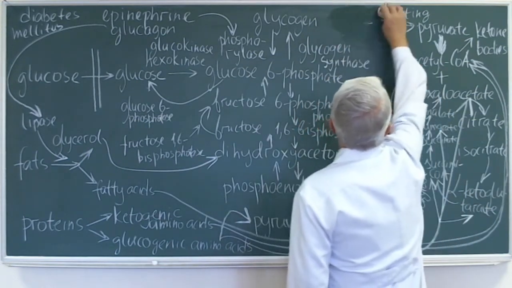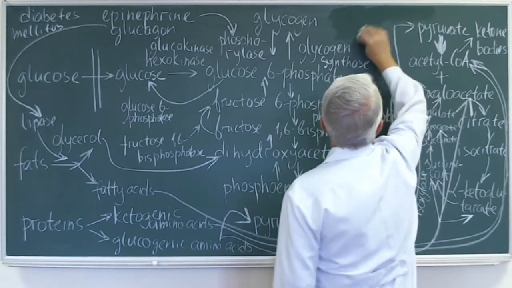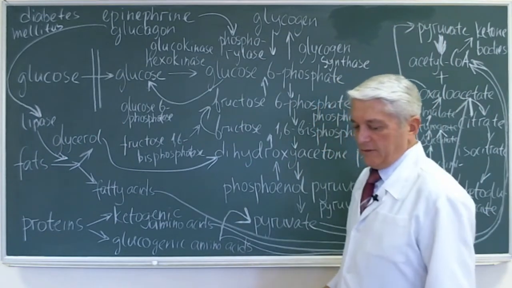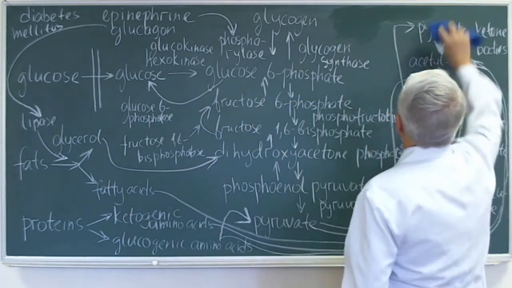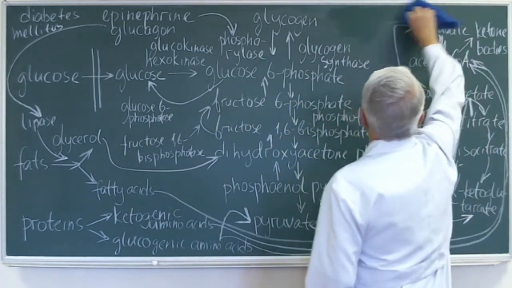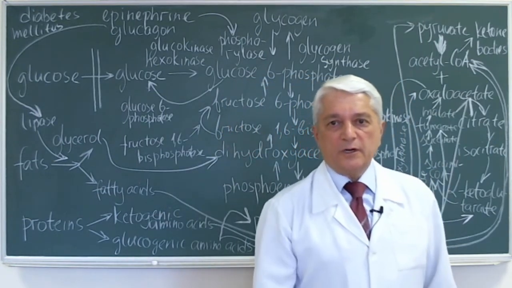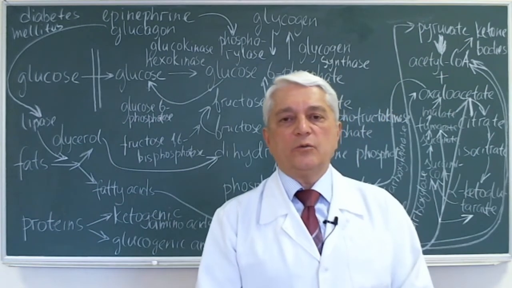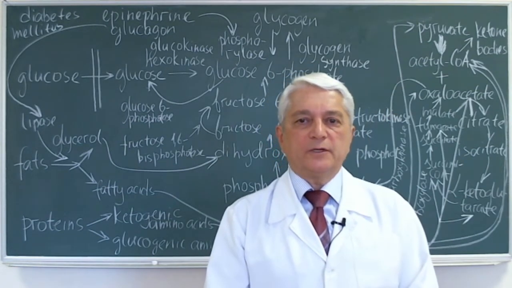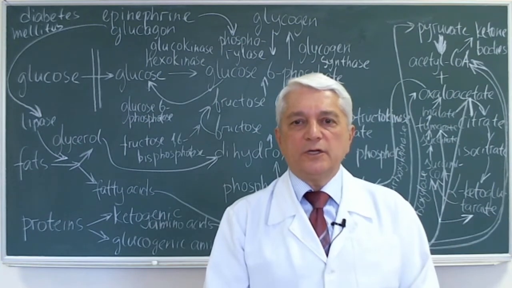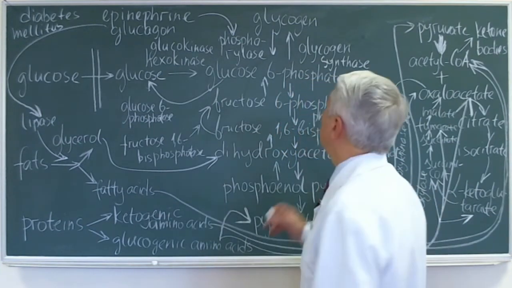So now we know that diabetes mellitus is the disease of patients who have no insulin or have a low concentration of insulin, the hormone of the pancreas.